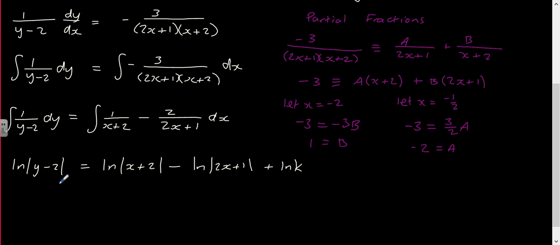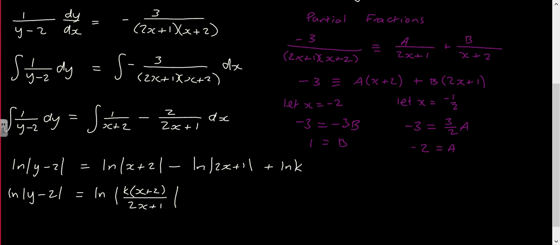Okay, let's tidy up. Natural log of y minus 2, we'll use our laws of logs. Remember, we've got take away this, add this. So when we're using BIDMAS, we just do what comes first. So we end up with natural log of k(x+2)/(2x+1) on the right hand side.